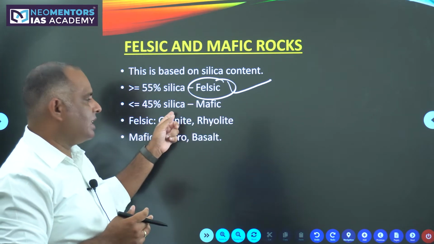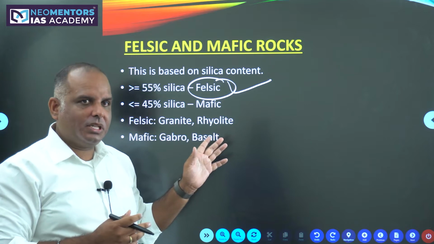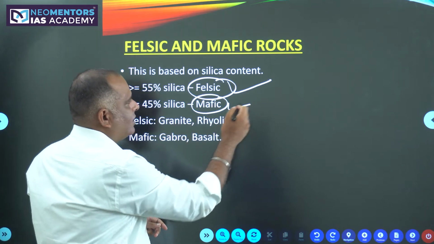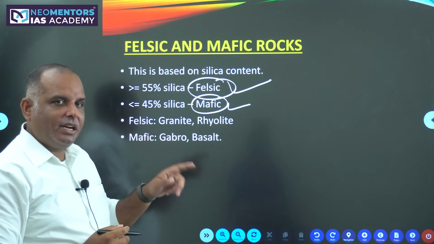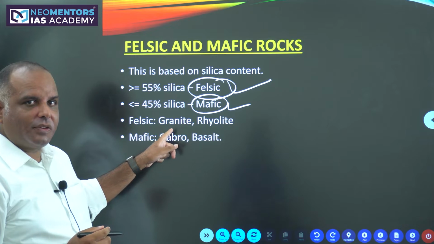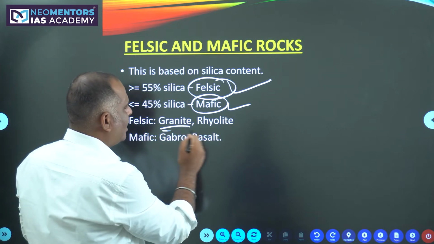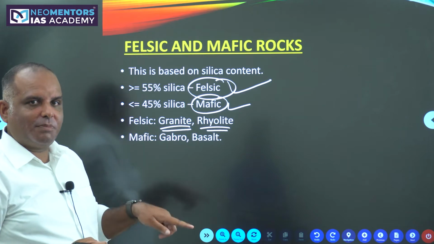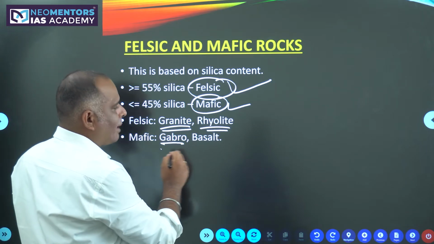If the presence of silica is less than 45%, we call it mafic. Felsic means more content of silica. We have granite, rhyolite. Lesser content of silica, that is mafic. We are talking about gabbro and basalt.